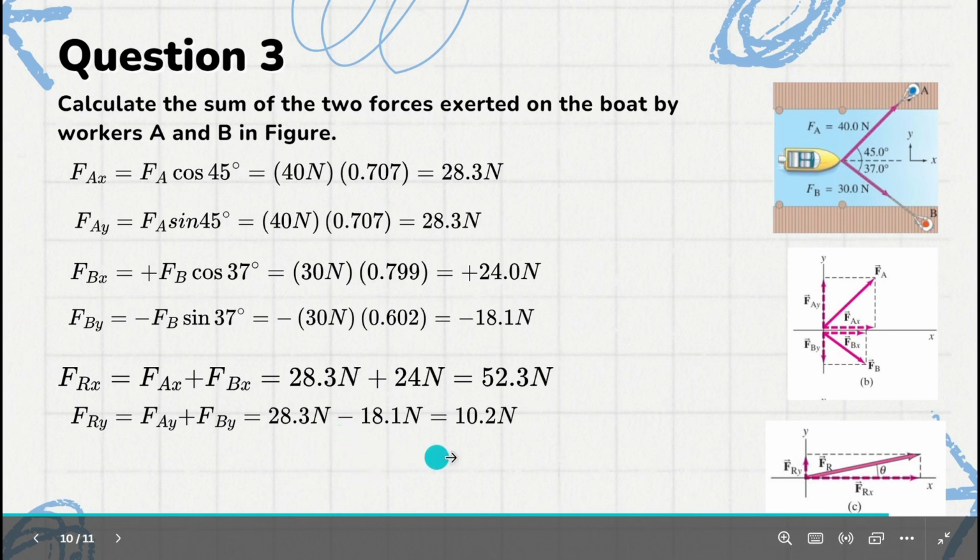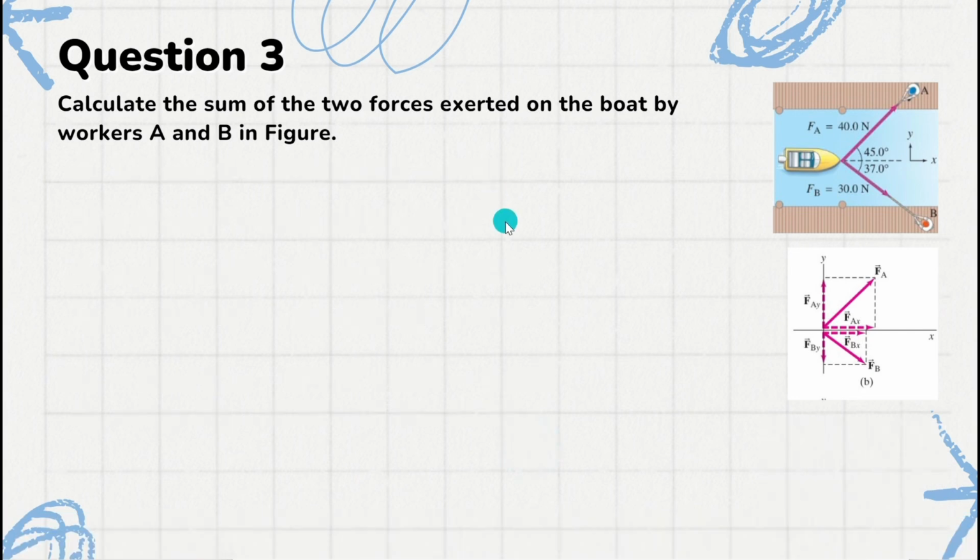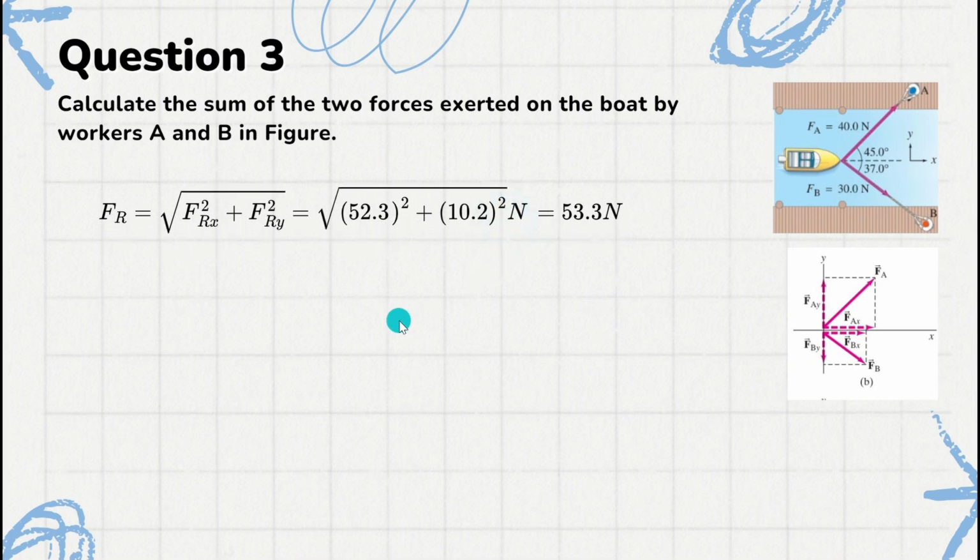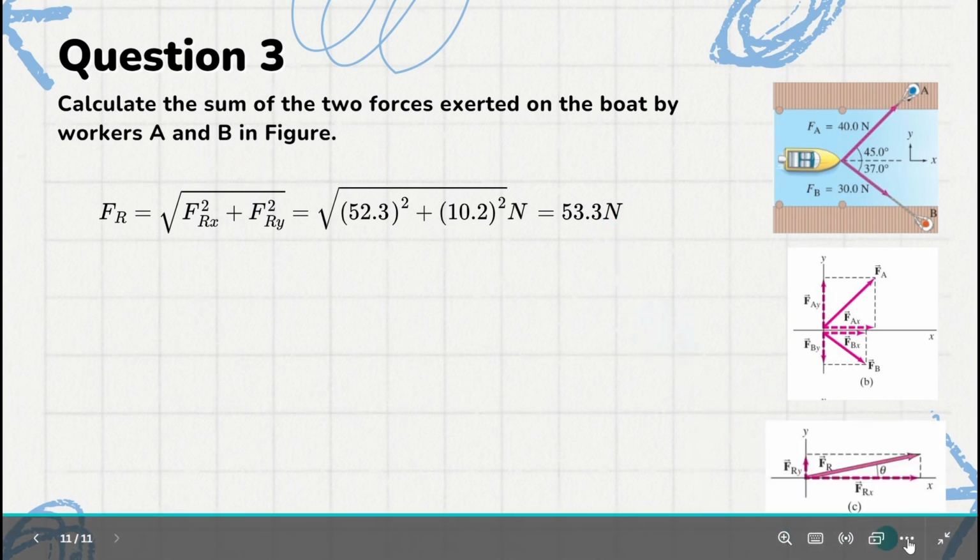We get the final answer, 10.2 Newtons. To find the magnitude of the resultant force, we use the Pythagorean theorem, which is FR equals the square root of FRx squared plus FRy squared, equals the square root of 52.3 squared plus 10.2 squared Newtons, equals 53.3 Newtons. And the figure looks like this.